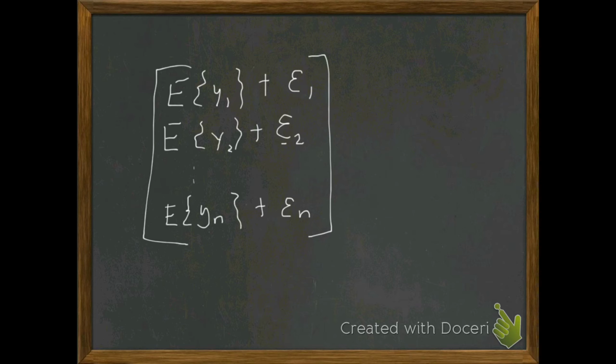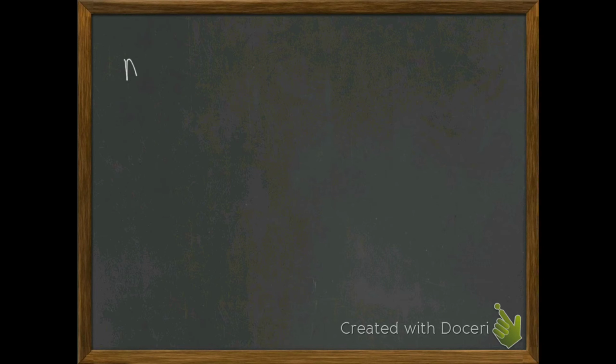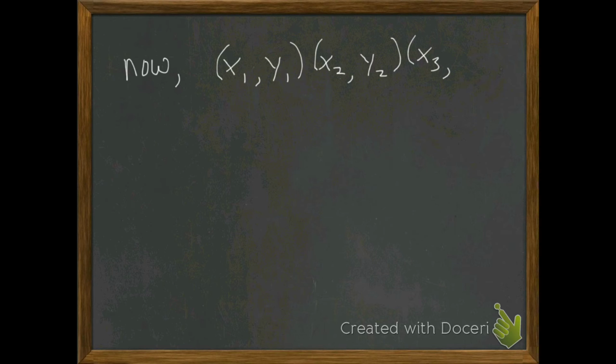Now, let's just say we've got x1, y1, x2, y2, and x3, y3. Let's simplify the notation here, so we just have 3 ordered pairs.